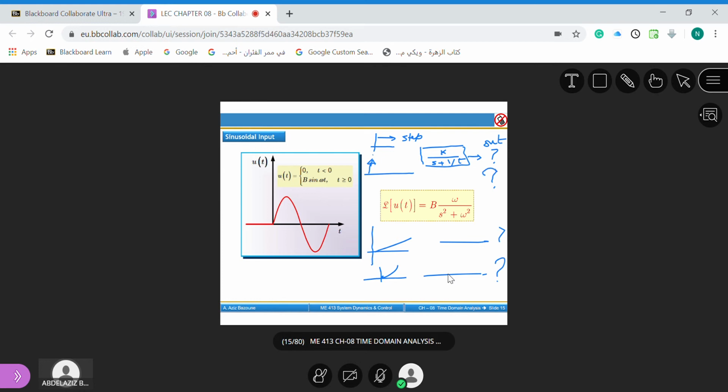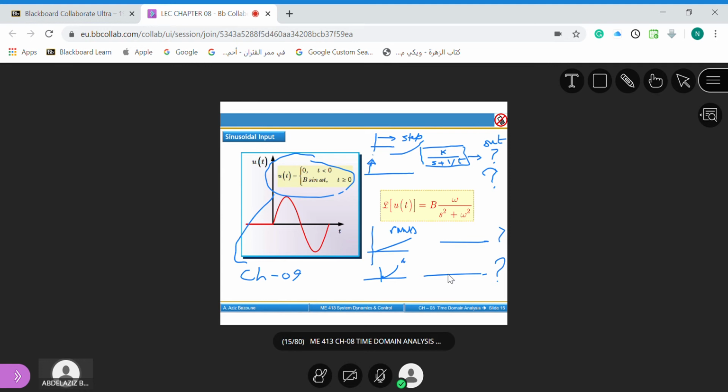When you have a sinusoidal input, this has special attention, and it will be given in details in chapter 9, because we will study the behavior for it in chapter 9. So this one is given step or impulse here. This is the ramp, and this is the acceleration input.